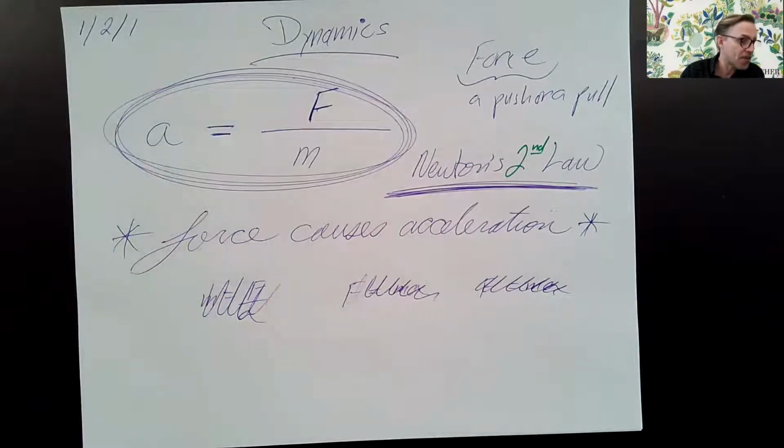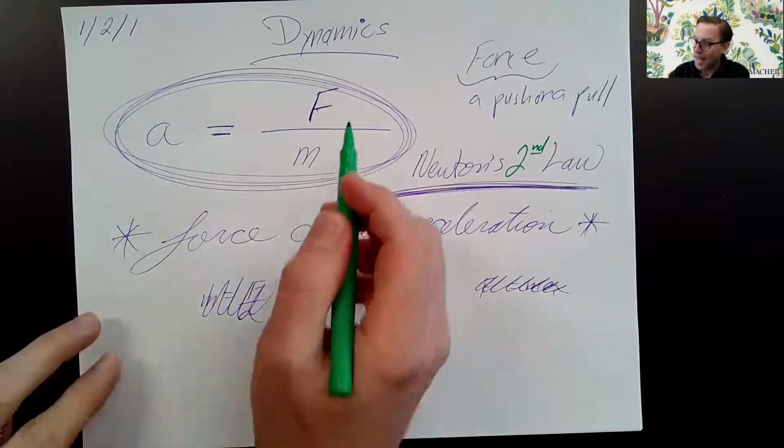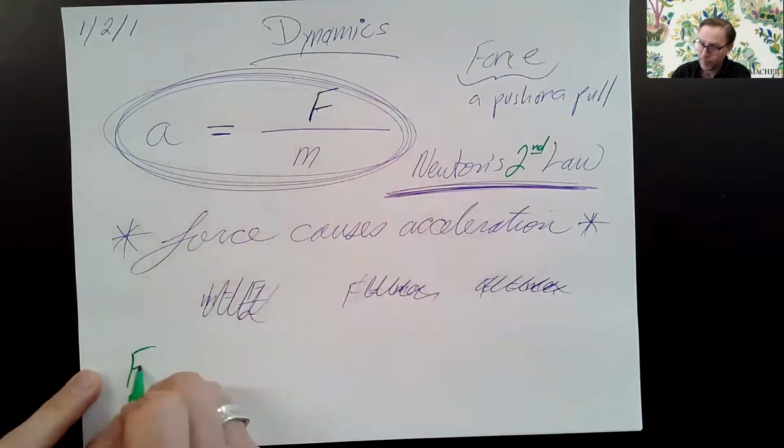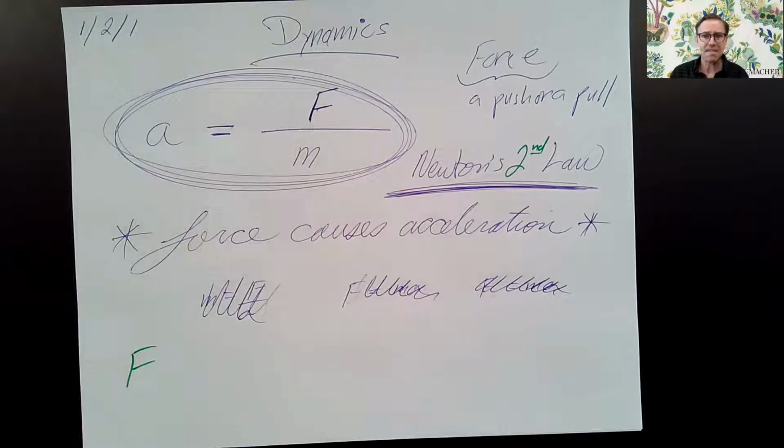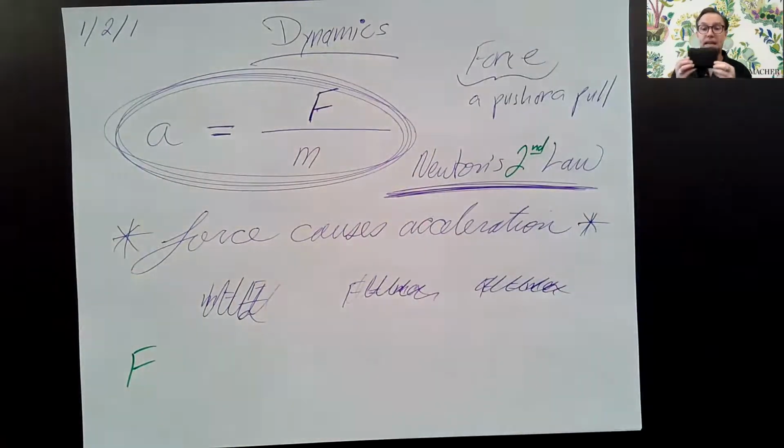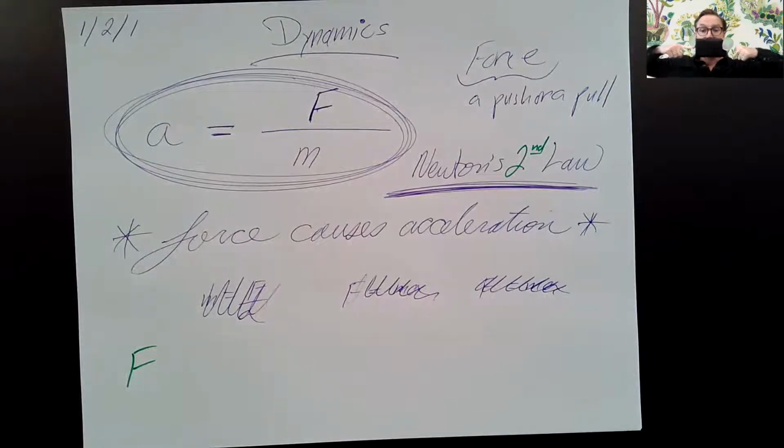Now, another thing I want to say is that this F, what if there's a couple different forces acting on an object? What if I talk about my calculator here and somebody pushes it to the right and somebody else pushes it to the left? Ooh, well, is it this force that's causing the acceleration, or is it this force that's causing the acceleration?